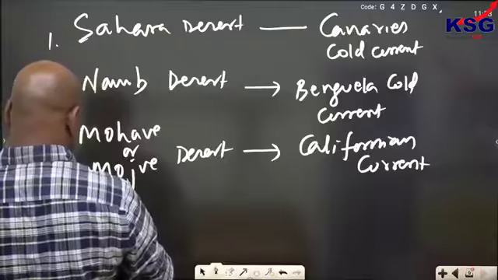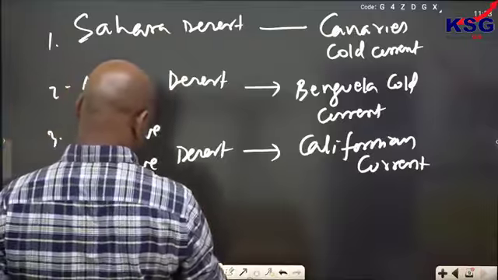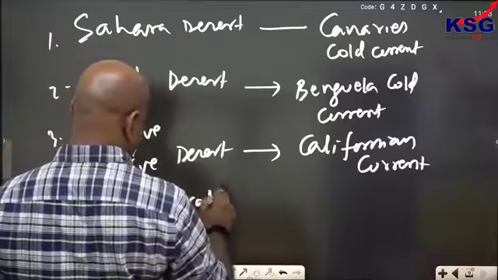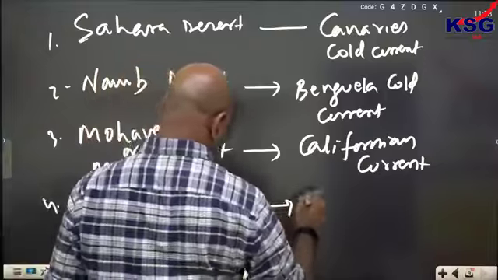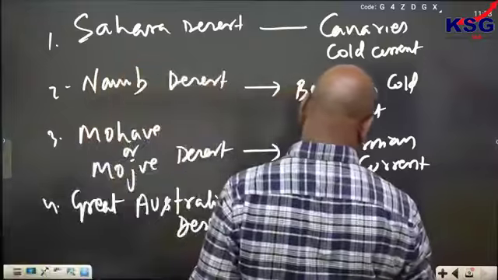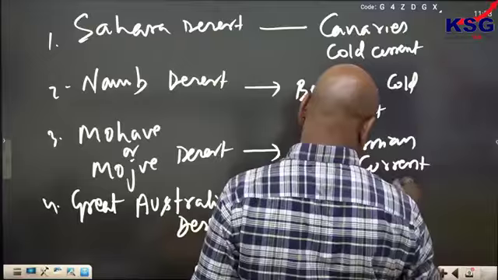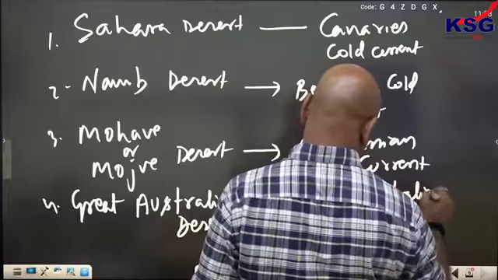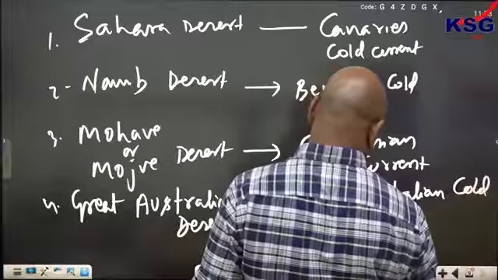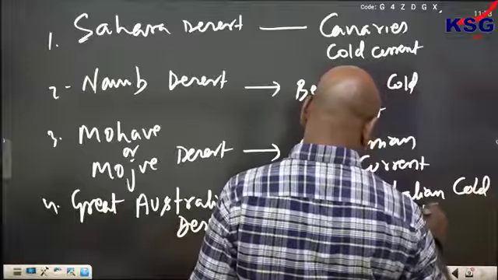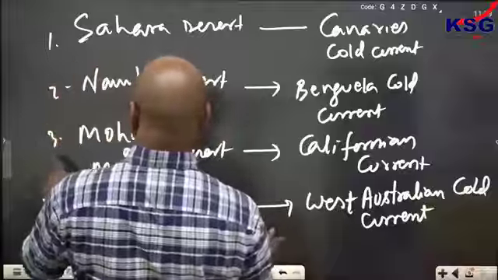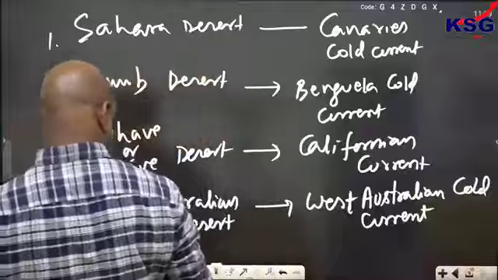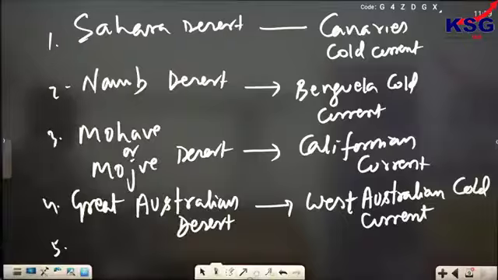Great Australian Desert, West Australian cold current. And finally, Atacama Desert.